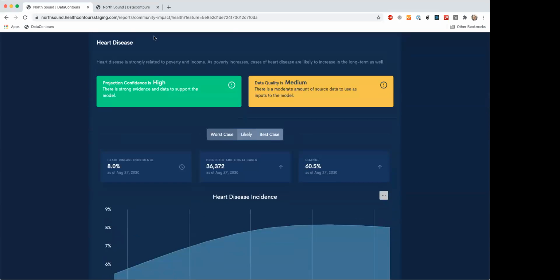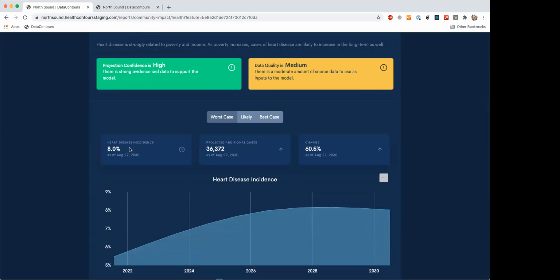So what might we see? And again, we think of these scenarios as guideposts, not predictions of what will happen, but under each of these different scenarios, what might the short and long-term implications be? So within heart disease, under the worst case scenario, we would expect to see a 60% increase in heart disease incidence within the population, which would be about 36,000 additional cases over the next 10 years.